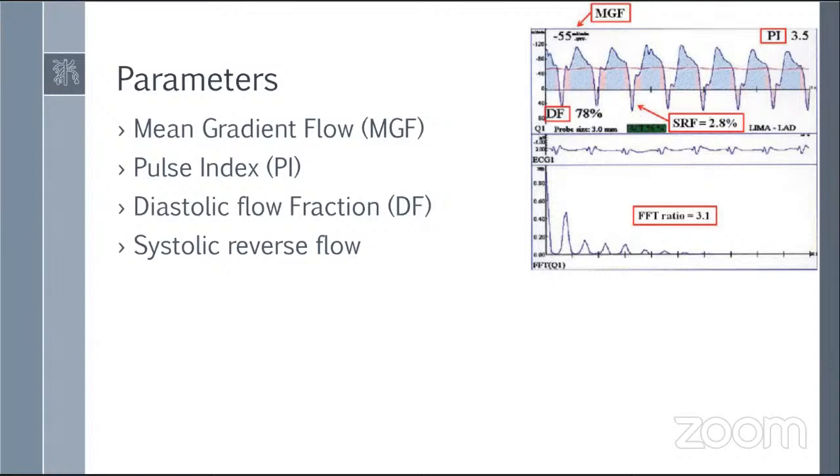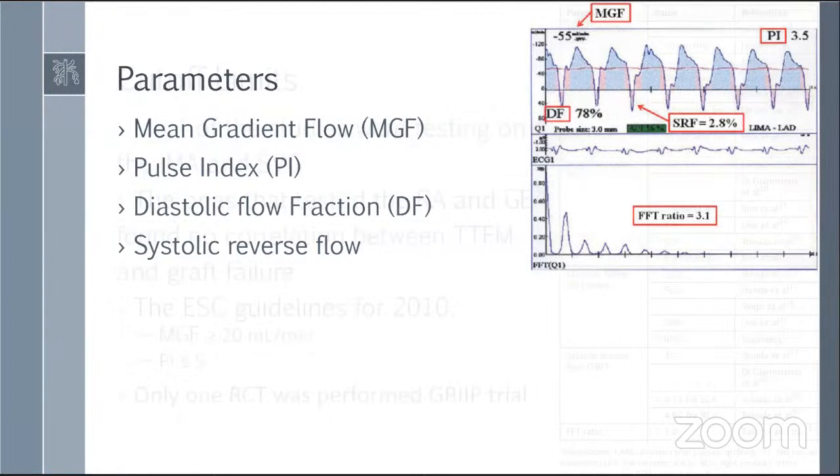If you see this graph, this curve is the calculation of the systolic reverse flow. The percentage of this curve should be less than 3% to be normal. If it's more than 3%, it's counted to be abnormal.